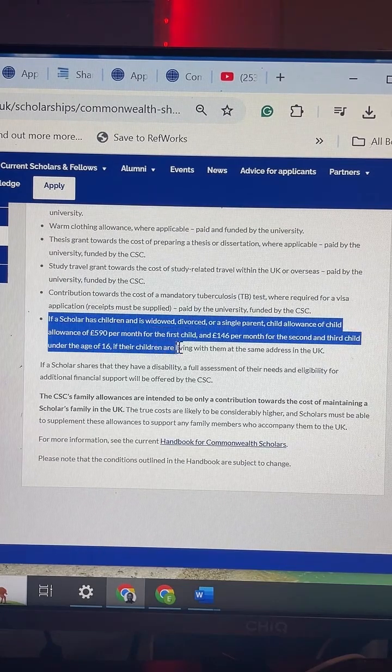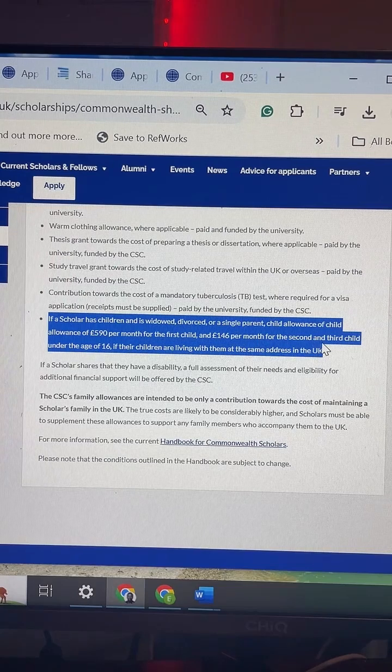And then if a scholar has children and is a widow, divorced or a single parent, there will be a child allowance. That child allowance is around £590 per month for the first child. And then the second and third child will receive 146 each.